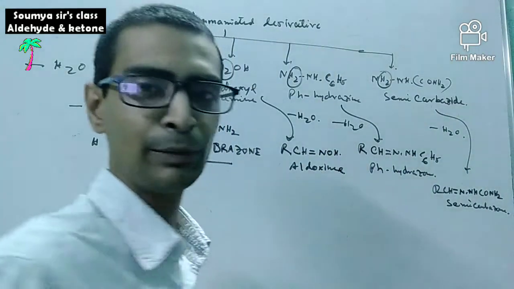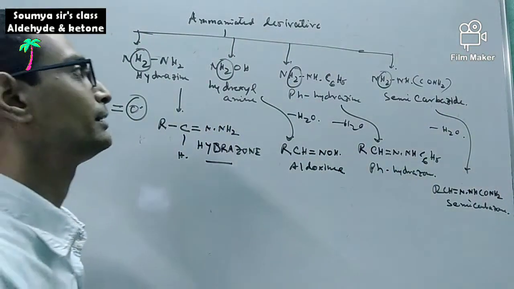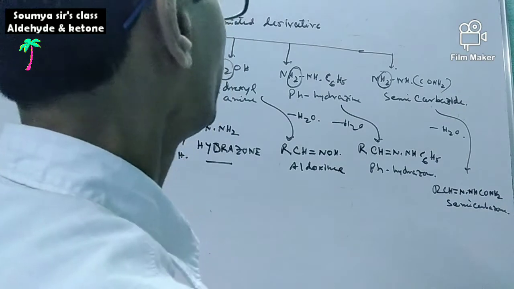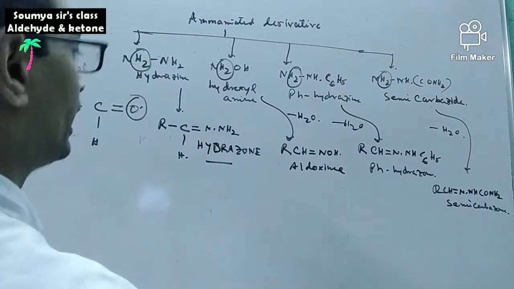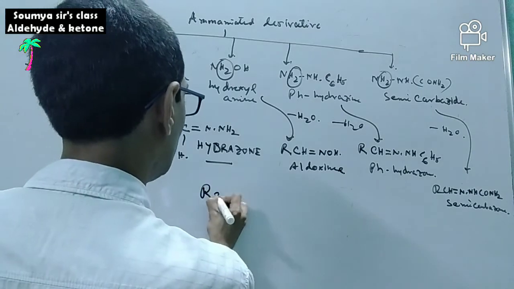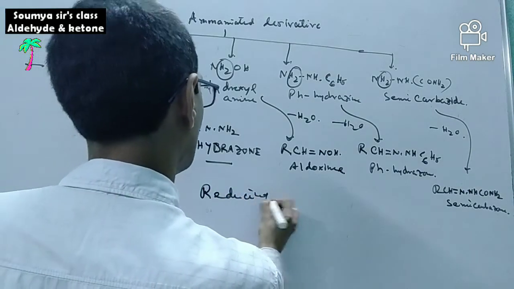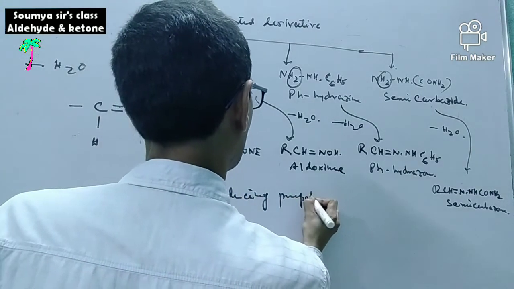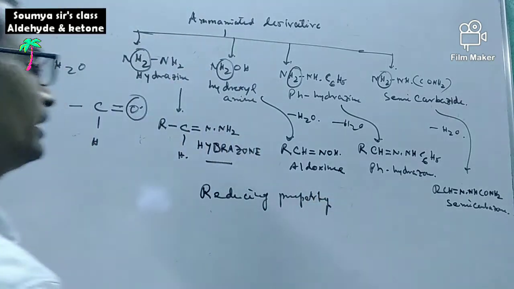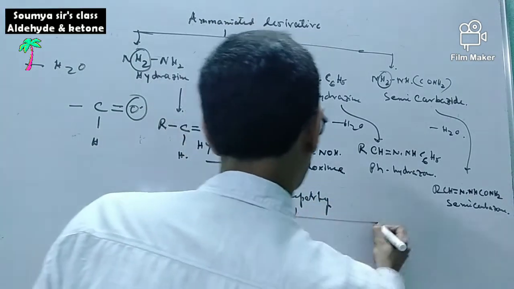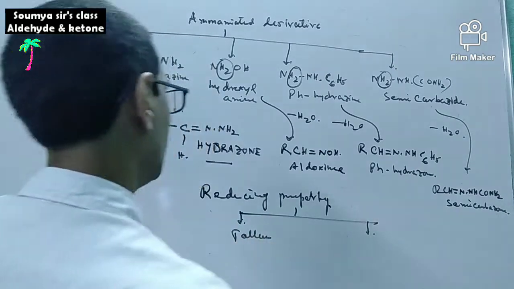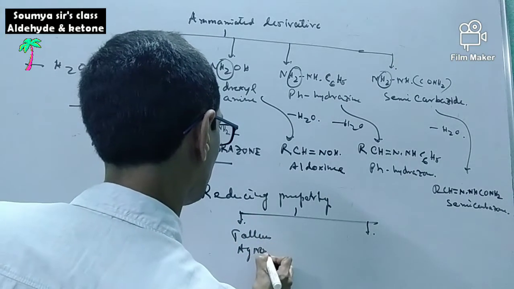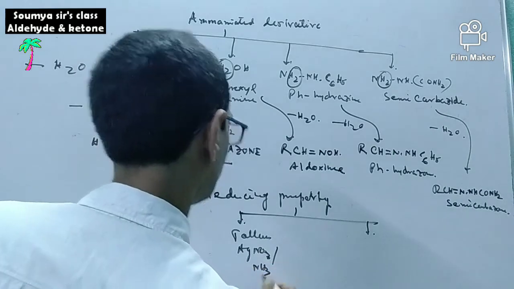Now if you ask me which is the exclusive reaction of aldehyde, the exclusive reaction of aldehyde is the reducing property. You can see in any book that it reduces three reagents. One is Tollens' reagent, as I said, that is AgNO3 and NH3.